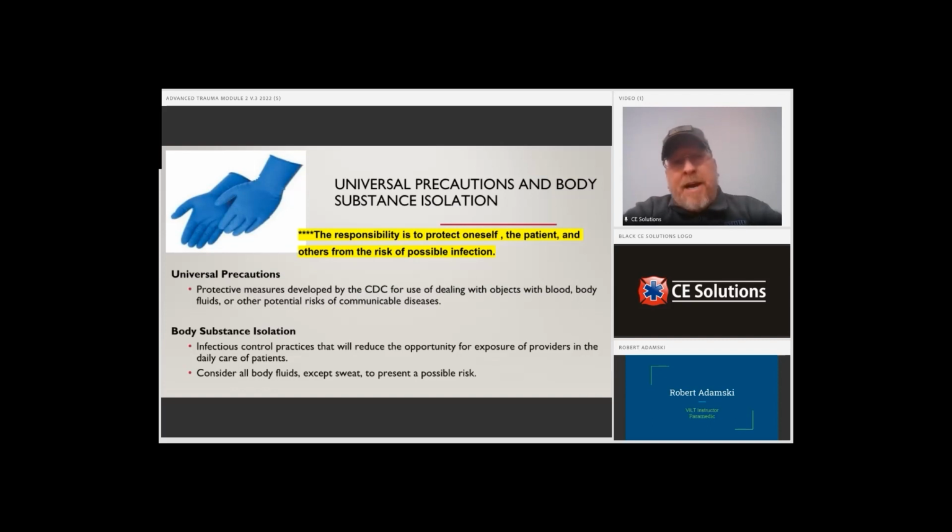So what are we talking about when we mention the term universal precautions? All right. By definition, universal precautions are protective measures developed by the CDC or Centers for Disease Control for use of dealing with objects with blood, body fluids, or other potential risk of communicable or infectious diseases. All right, that's the fancy medical definition.